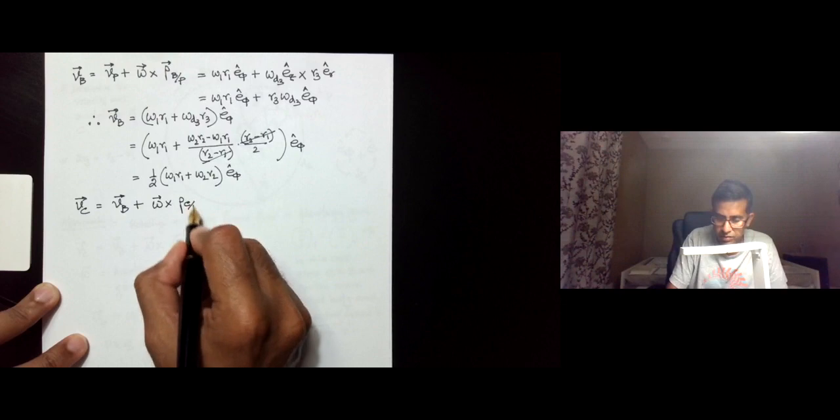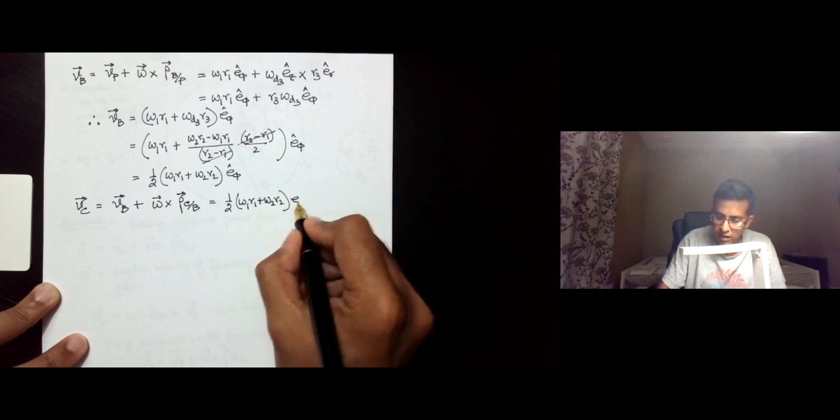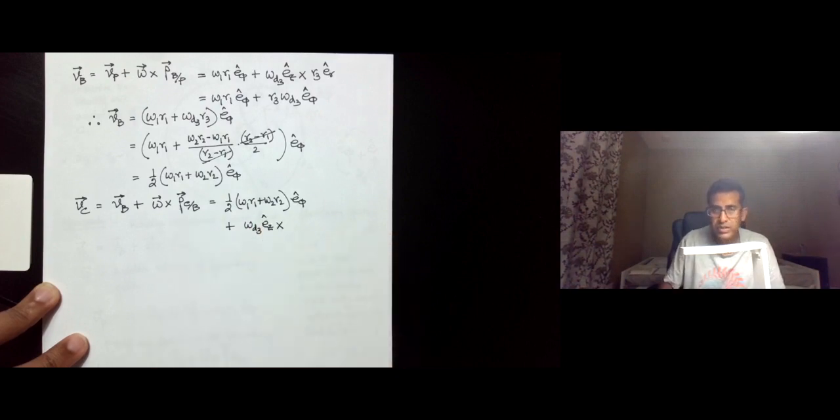VC is now going to be equal to VB, which is half of omega 1 R1 plus omega 2 R2 in the E phi direction, plus omega is omega d3 Ez cross rho C with respect to B.